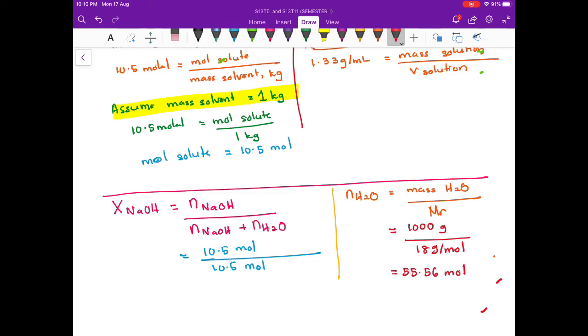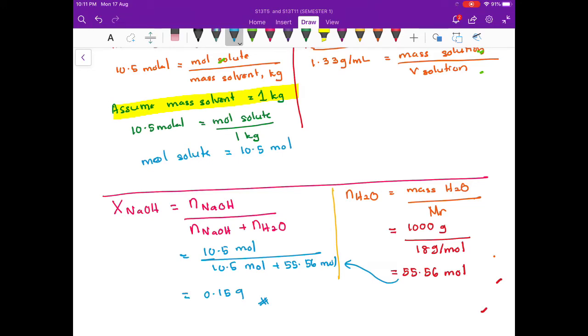So you can insert the value here. From there, you can get the mole fraction, which is 0.159, and there is no unit for mole fraction. So this is the first answer, the mole fraction.